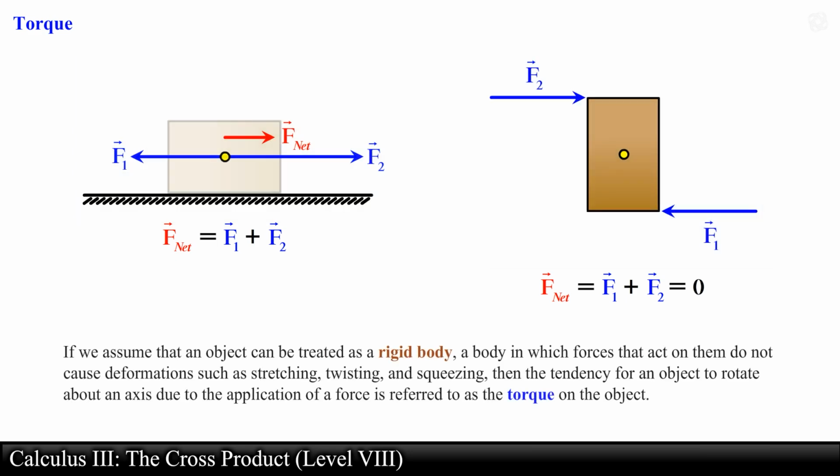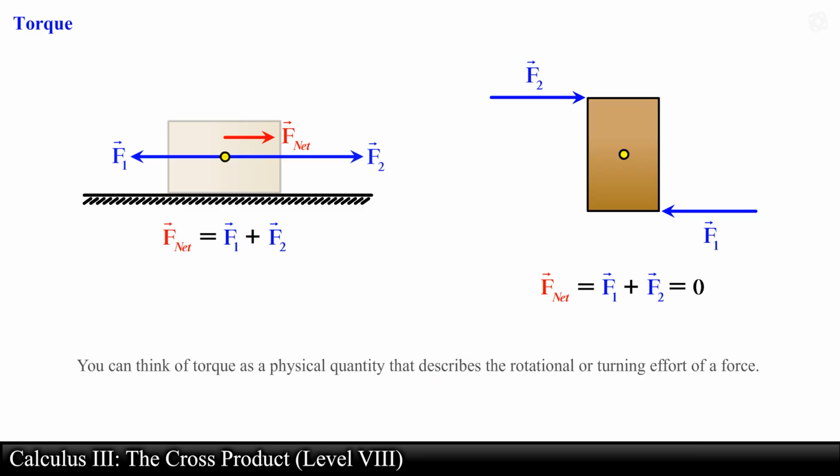If we assume that an object can be treated as a rigid body, a body in which forces that act on it do not cause deformations, such as stretching, twisting, and squeezing, then the tendency for an object to rotate about an axis due to the application of a force is referred to as the torque on the object.